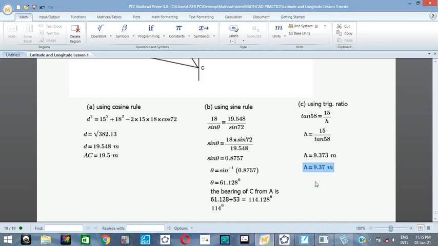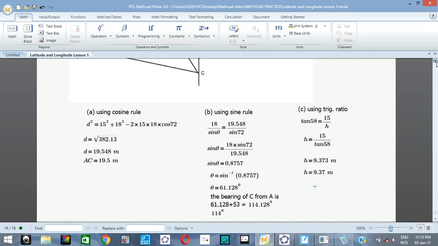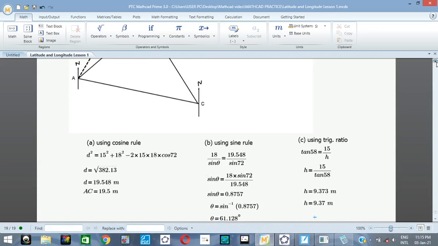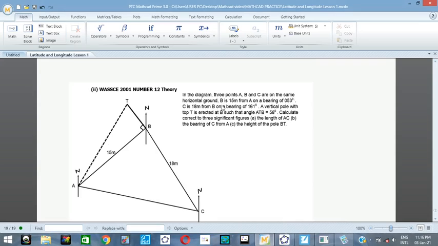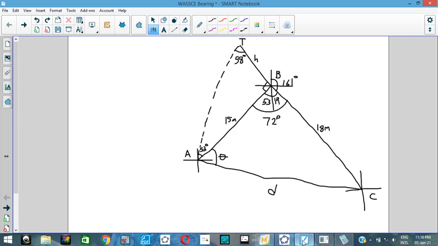Very simple and straightforward. Just know how to get the sketch. That is the beauty about bearing. Follow the question directly, know where you are coming from. You are coming from A, so I started my drawing by sketching A first.